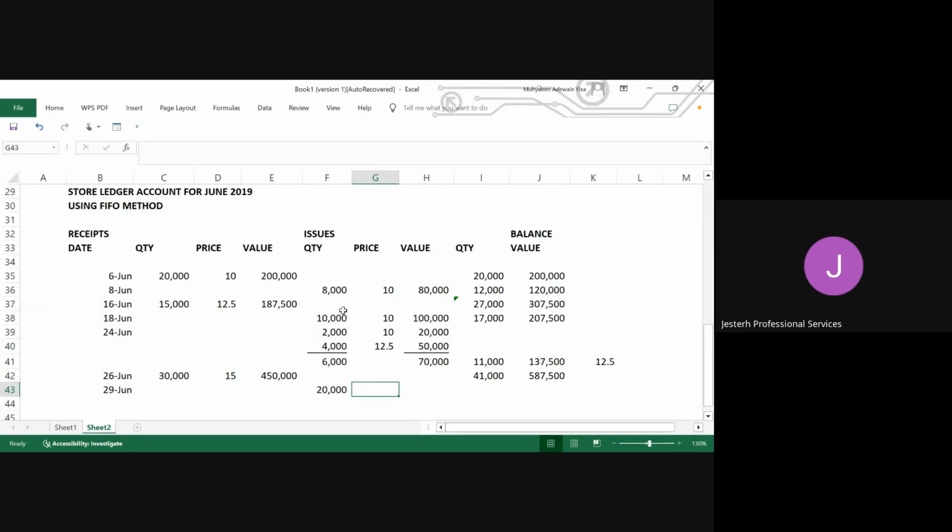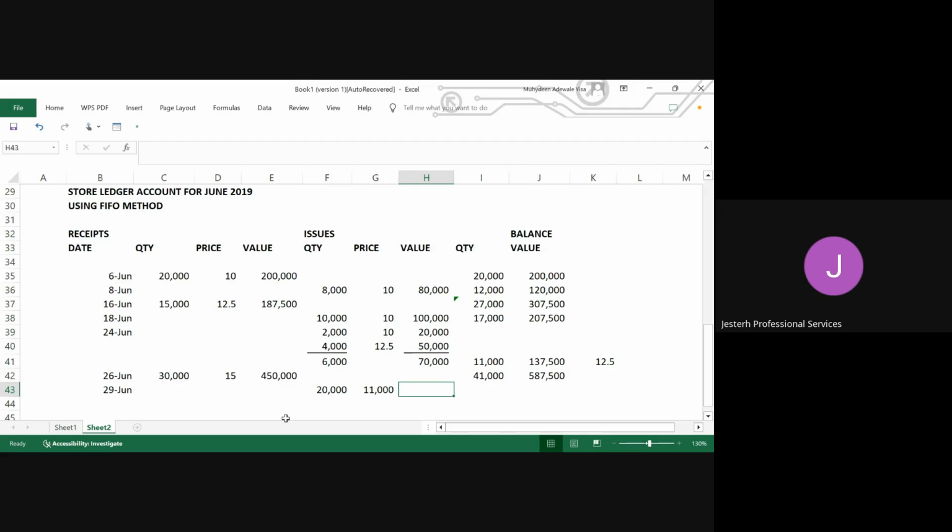Now you don't need to stress yourself. Just put 11,000 units, because you need to consider the old one first on this method. Now we want to issue out 20,000, but we need to push out all the 11,000 that we have in the store before.